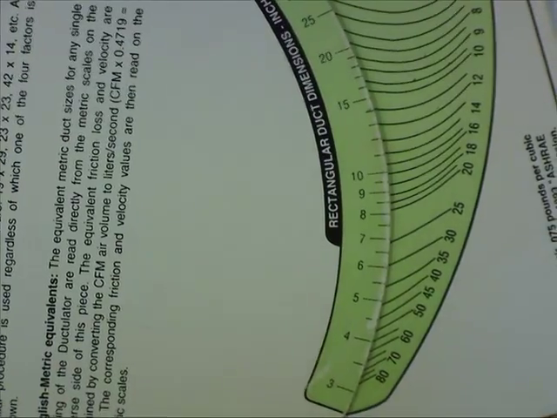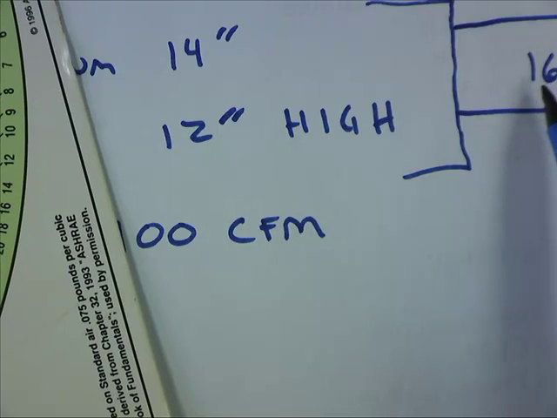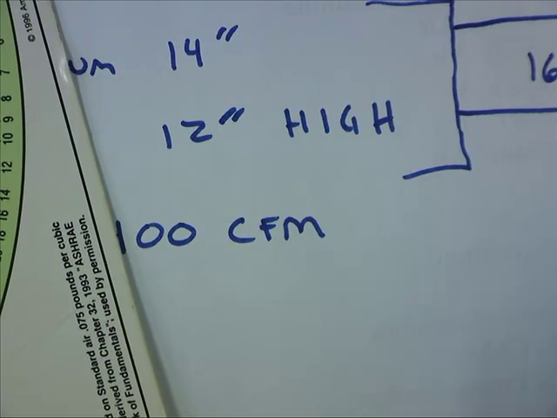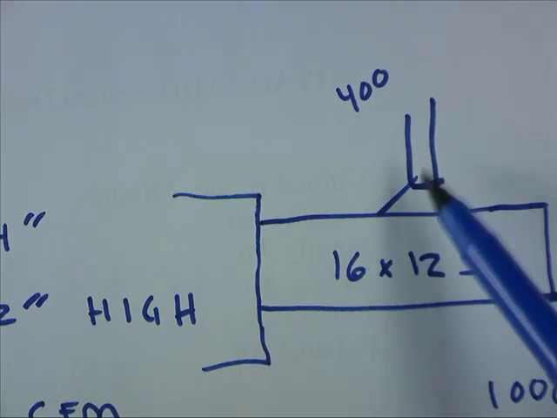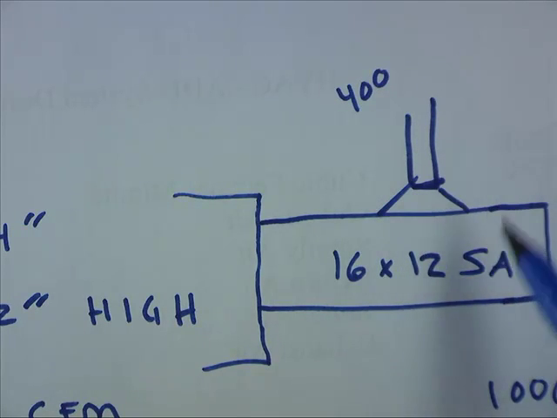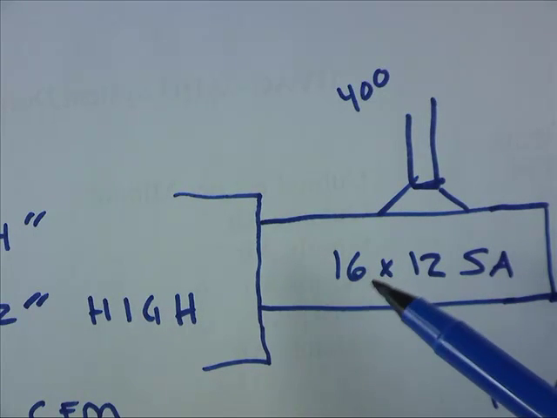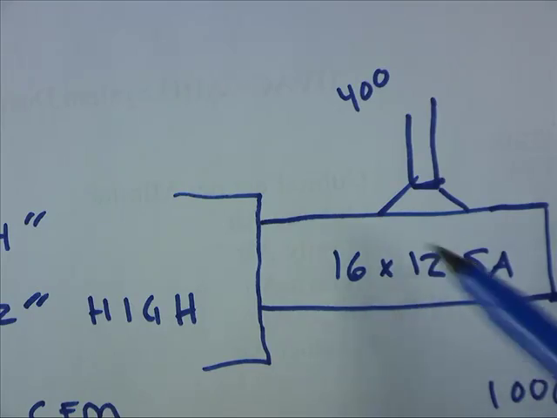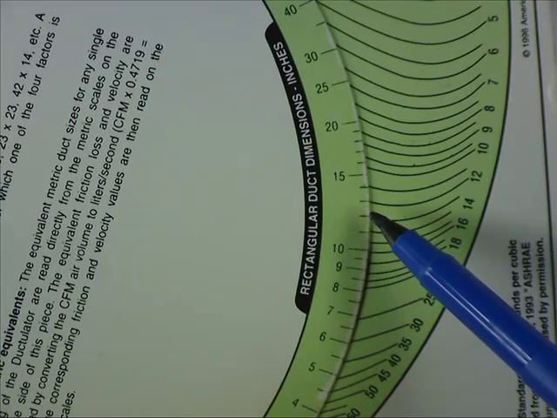The reason I'm going to do that is so that I can have a lot of height for takeoffs. I want to leave myself a lot of room for my takeoffs, so I'm going to decrease my width. I'm going to maintain a 12-inch height, so that's going to be my starting point. I'm going to find 12 and see what it lines up with. It's somewhere between 14 and 12, so I'm just going to go ahead and use the 14.